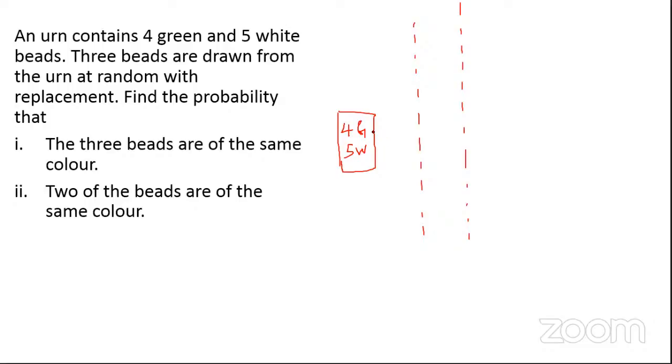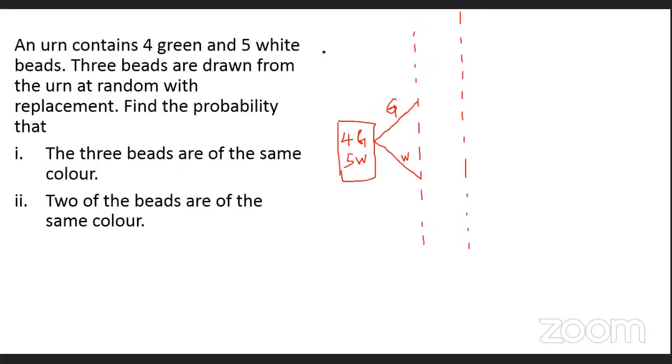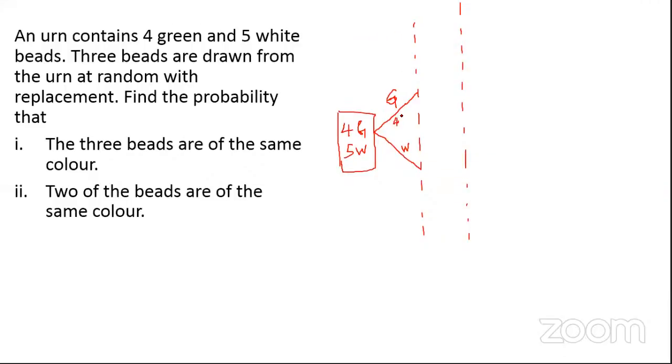The first time we shall pick either a green or a white. So what will be the probability of picking green here? 4 out of 9. And then this would automatically be 5 out of 9.